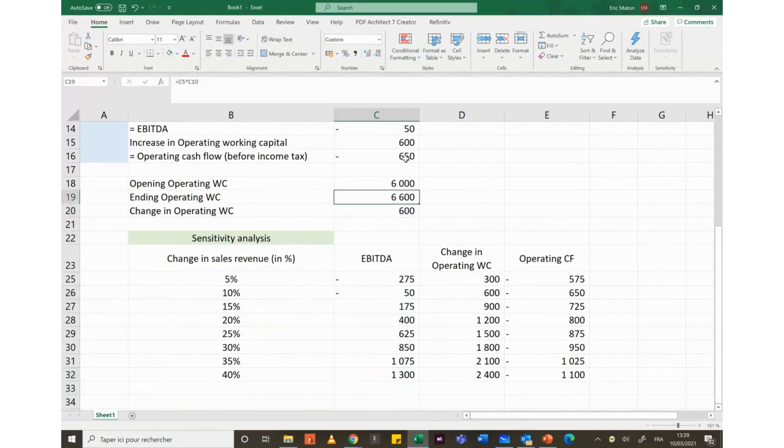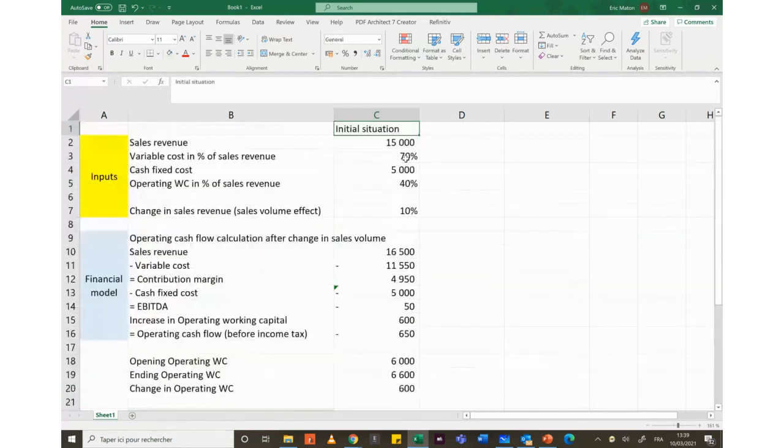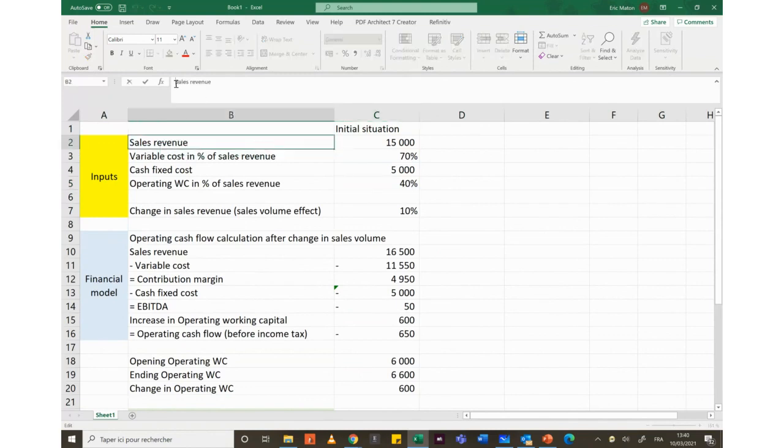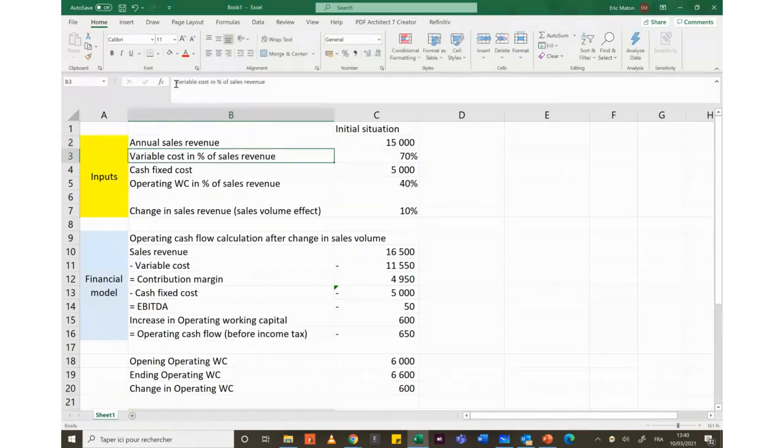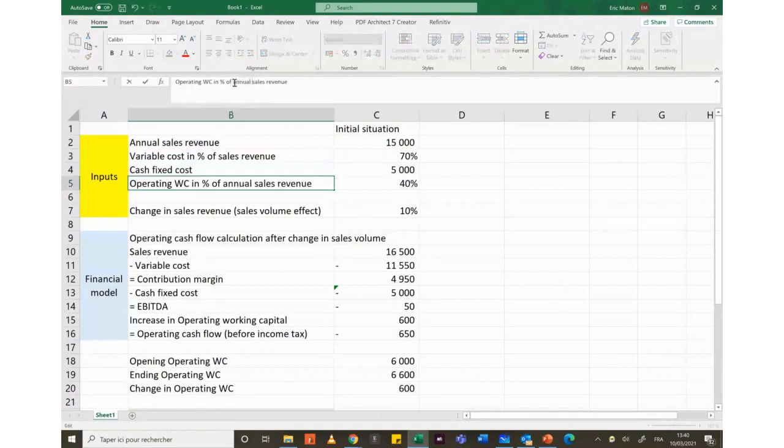Yes, now it's okay. So the situation with a huge variable cost in percentage of sales revenue, 70%. A huge operating working capital in percentage of the, normally the annual sales revenue, okay? And suppose here is annual sales revenue, here variable cost in percentage of sales revenue, and here in percentage of annual sales revenue. Change is annual sales revenue.